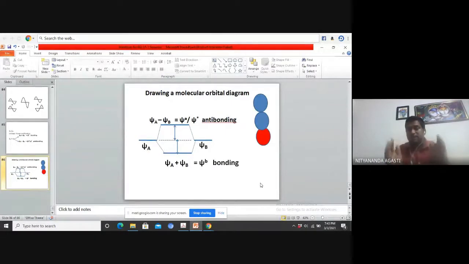Let me tell you, the diagram is nothing but a plot between internuclear distance of separation between atoms versus energy. Just let me draw. It will give you more clarity.